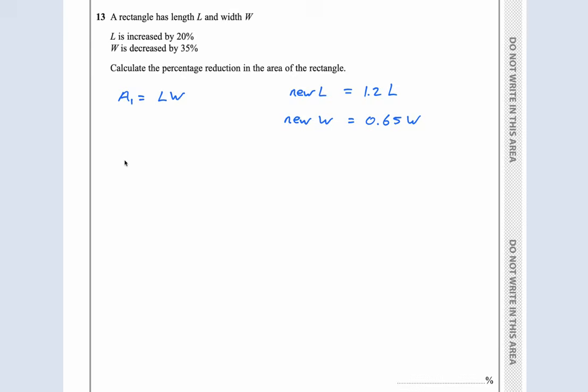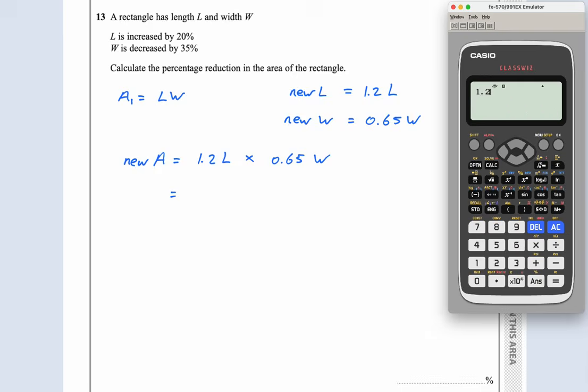Therefore, new area is equal to 1.2 L times 0.65 W, which is the same as 1.2 times 0.65. Let's do that. 1.2 times 0.65, which is 39 over 50, which is 0.78.